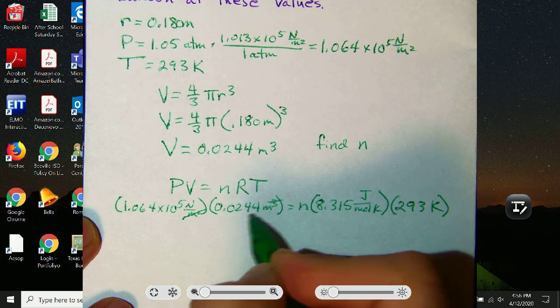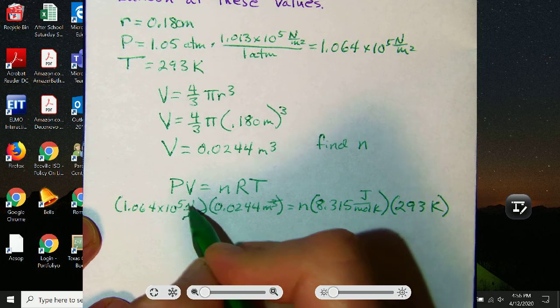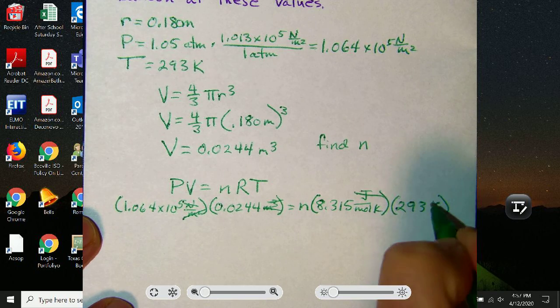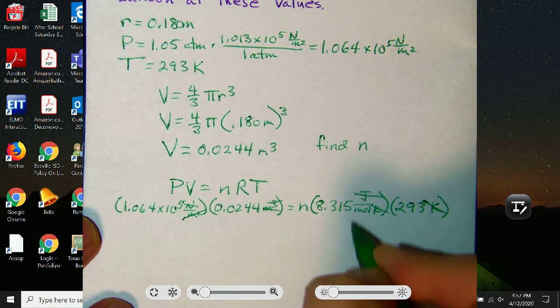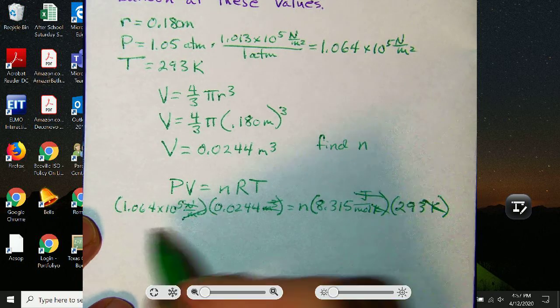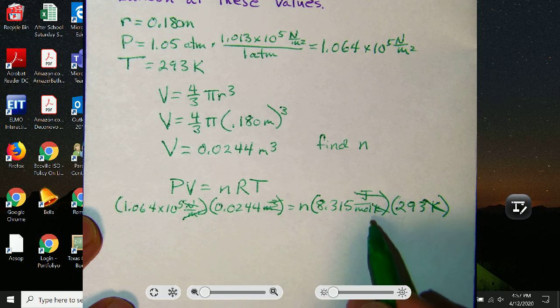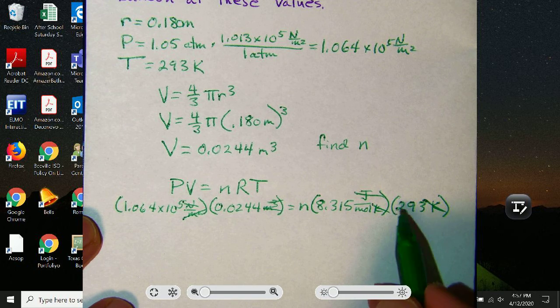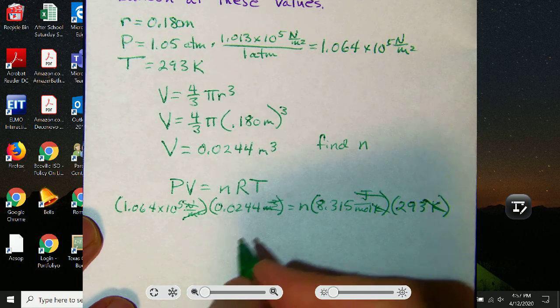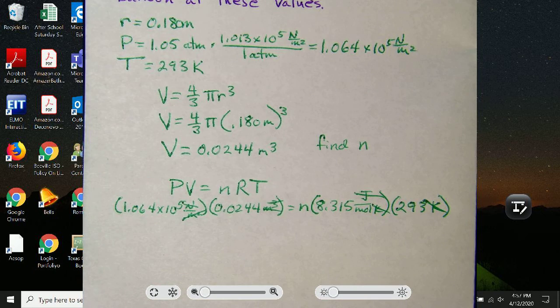So we've got a newton meter, which is the same thing as a joule. Cancels out there. We have Kelvin canceling out. So the only unit we've got left is mole. So we multiply these numbers together, divide by the product there, and solve for n.